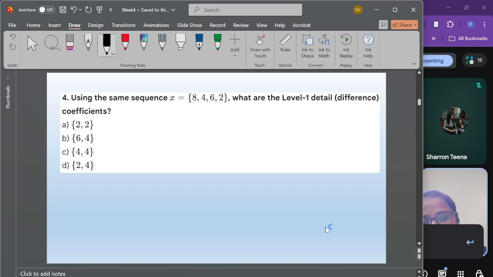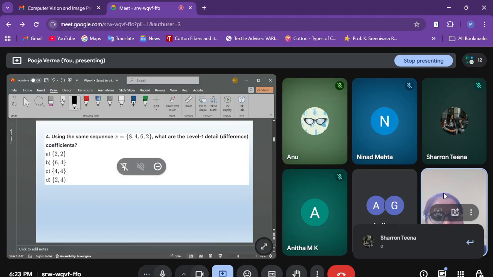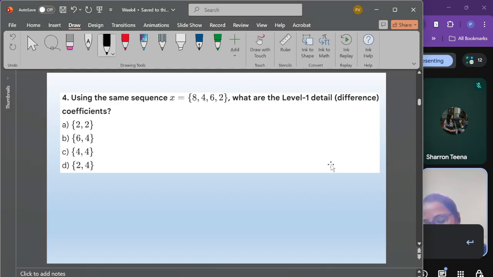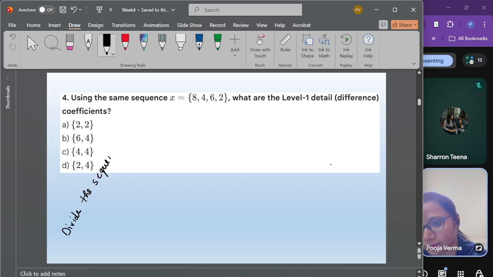Okay. Yeah, that is correct. So first we divide the sequence into two adjacent pairs.